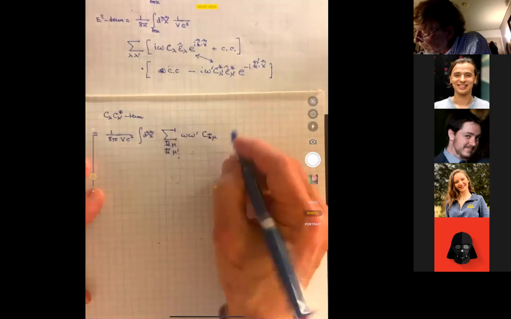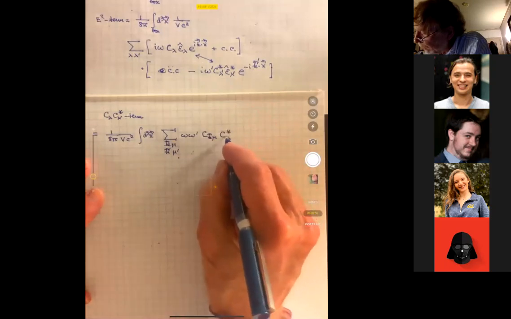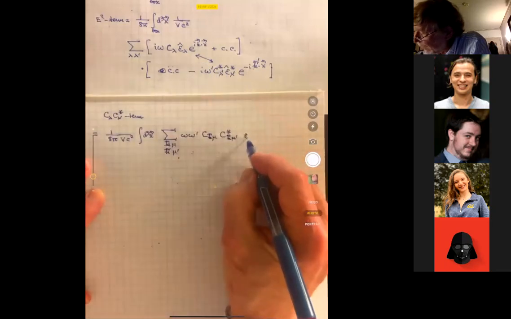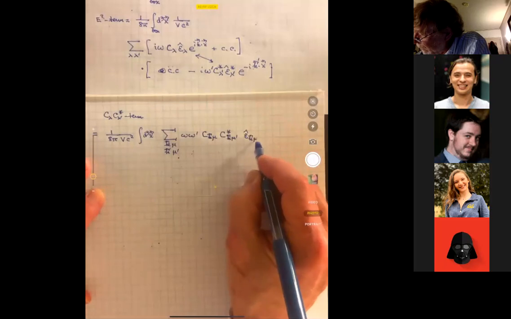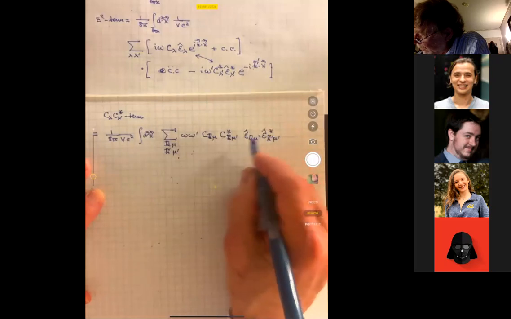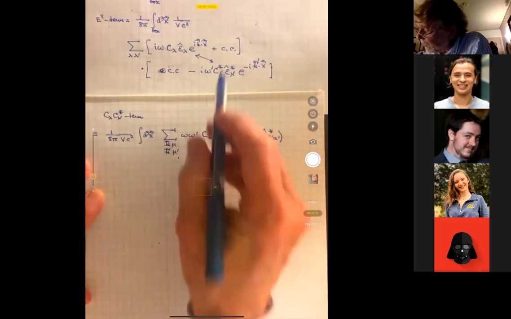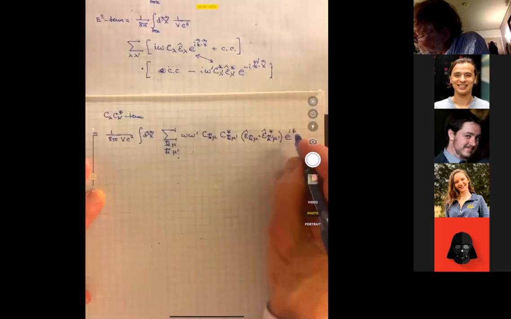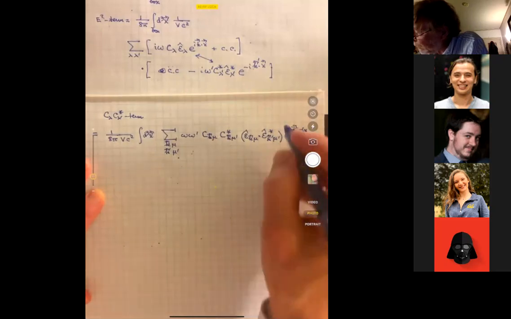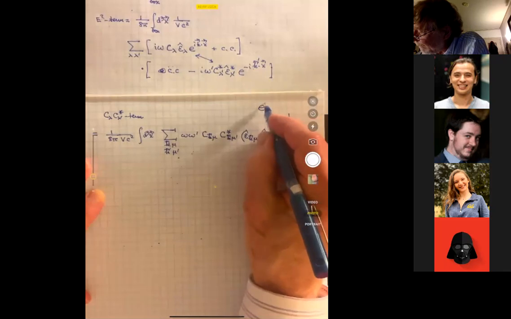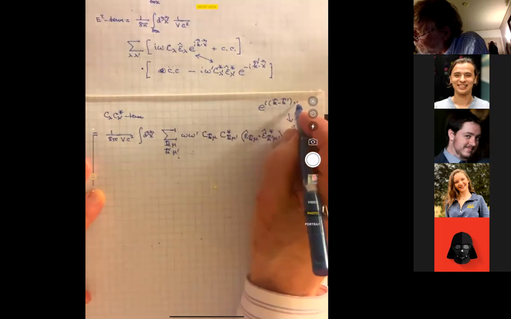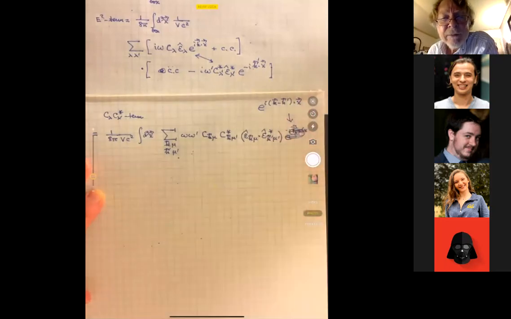That's multiplied by C star lambda prime, so that's C star k prime mu prime. Then we have the polarization vectors, which are dotted into each other. That's epsilon hat k mu, dotted into epsilon hat k prime mu prime complex conjugated. There's a dot product. And then the phase factor that goes in here is e to the i k minus k prime dotted into x. Okay, I hope that's clear.